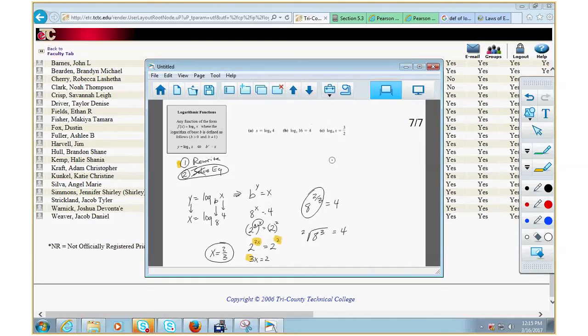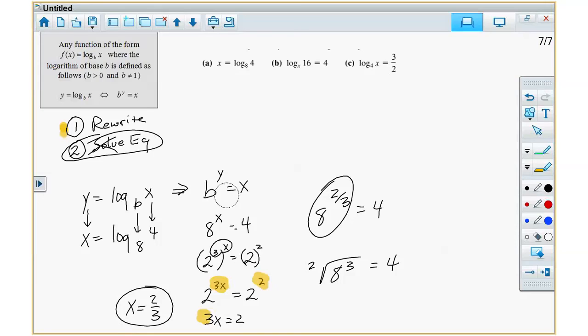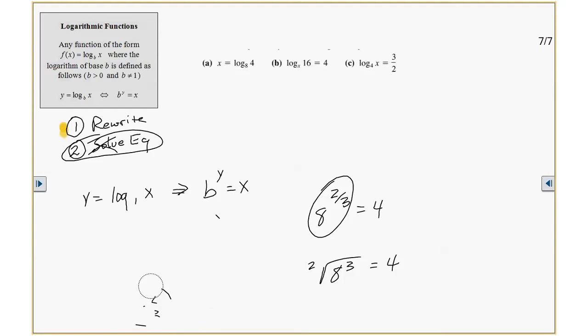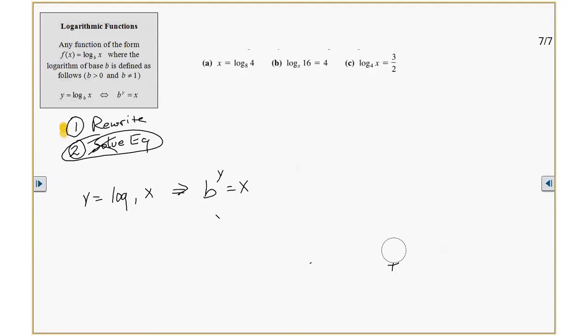All right, so now we got the log. Log base x of 16 is equal to 4. You see how I did that? That's how you're supposed to do it. So what is b?